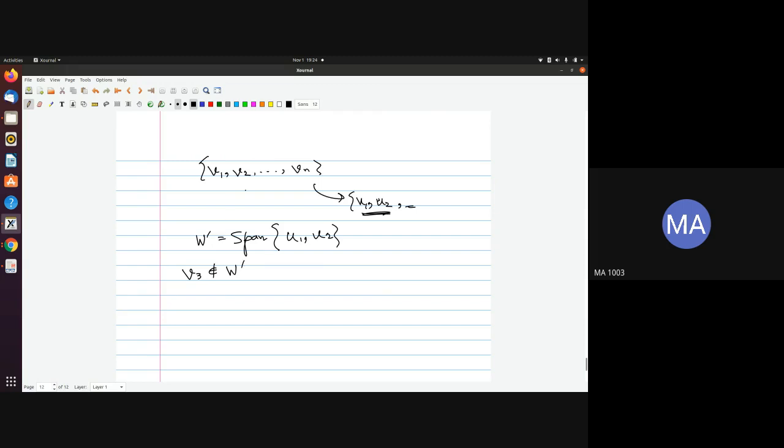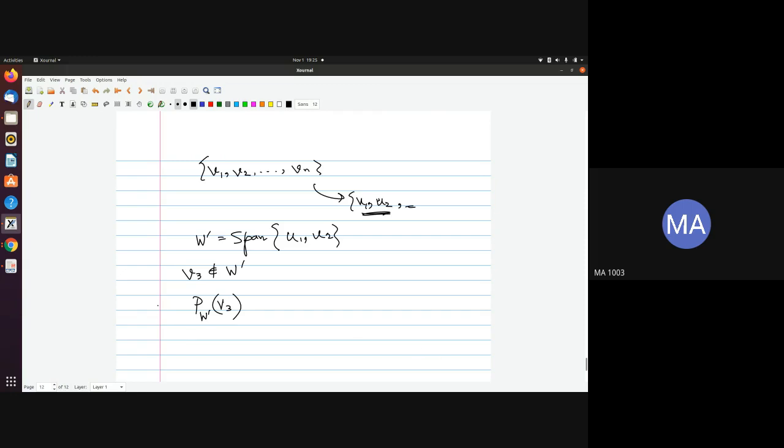because V3 was linearly independent, right? This whole set is linearly independent, so V3 cannot be within the span of U1 and U2. We take the projection of V3 inside W prime. This is the projection, right?